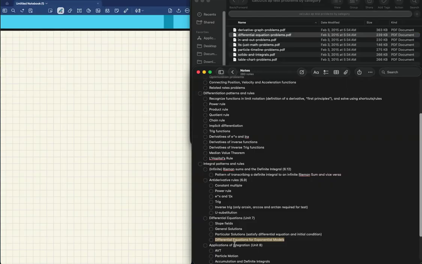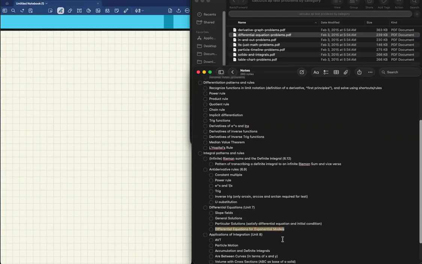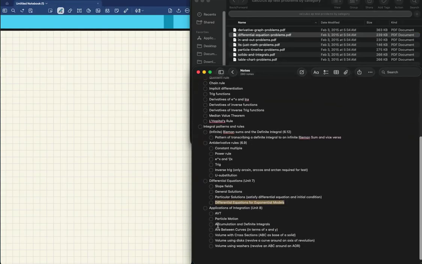For multiple choice questions, you usually don't have to show every single step of the work, and you just have to get the answer right. So with that, it's useful to know a shortcut and just not get tangled up in the individual steps that you have to go through.